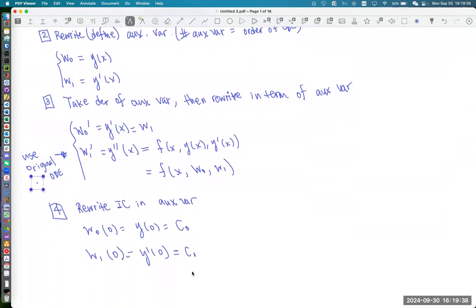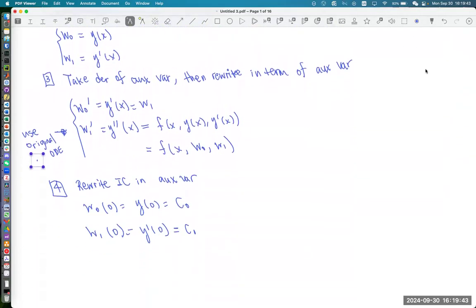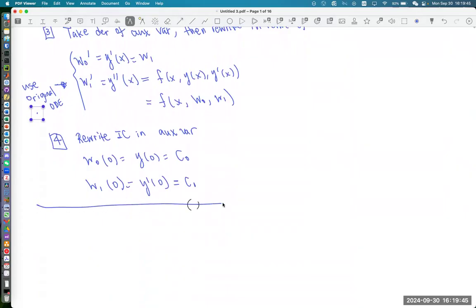So after all this work, what have we done? We basically transformed this second order ODE into a system of first order ODEs. And this is here. So the system is W0 prime is equal to W1. And W1 prime is equal to a function of x, W0, and W1.